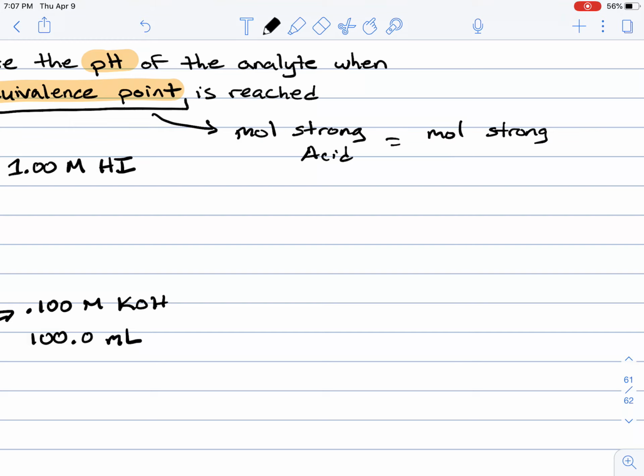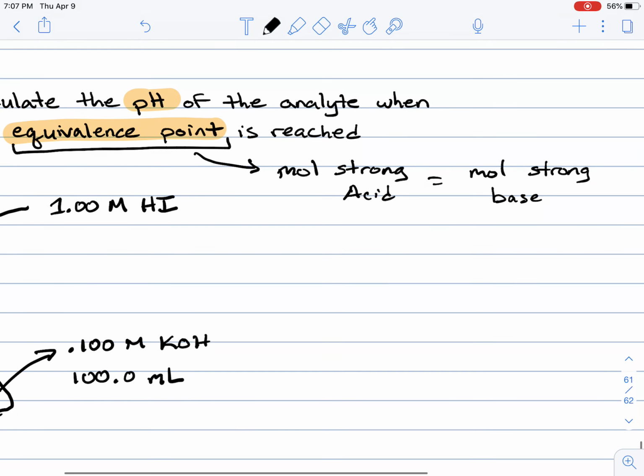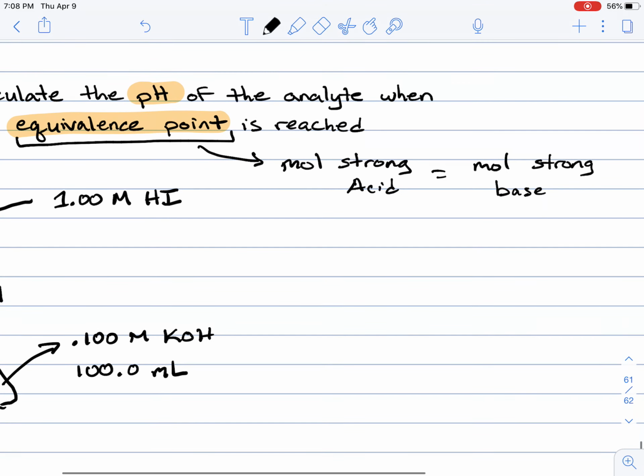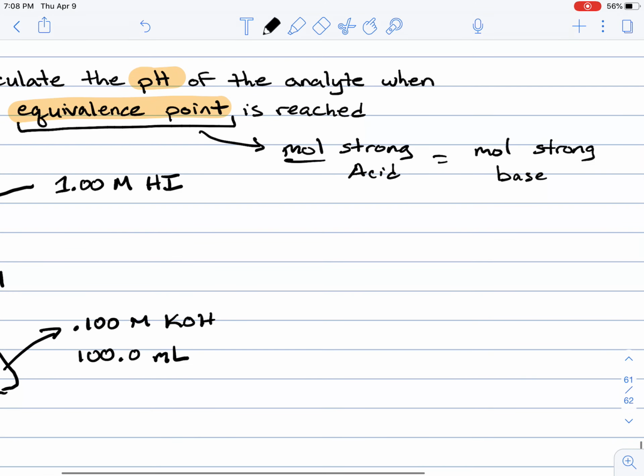So that's a specific property of when you associate the term equivalence point in a titration. Equal number of moles of strong acid and equal number of moles of strong base. And so it doesn't matter what you calculate, the moles are equal to each other. And so therefore they neutralize each other out.